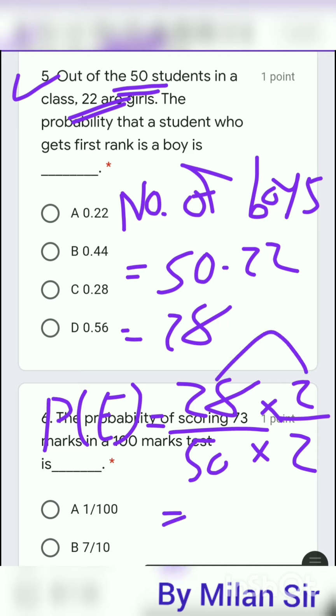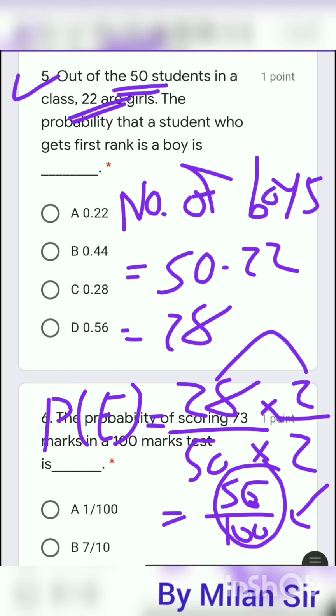So 28 into 2 is 56, and 50 into 2 is 100. I multiplied numerator and denominator by 2 because I want the denominator as 100. Now we do not need to do the division process. 56 by 100. In the denominator we have two zeros.